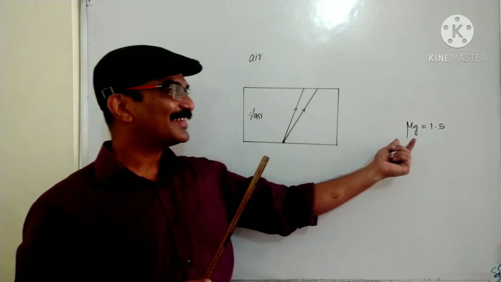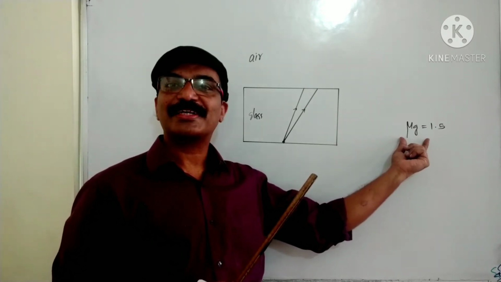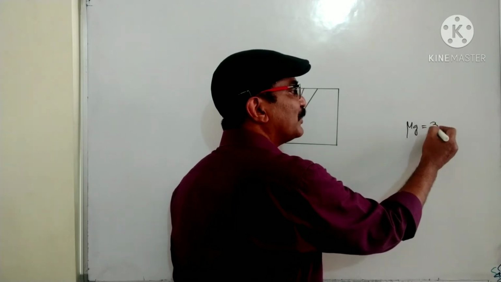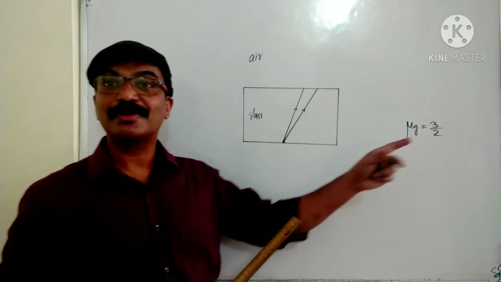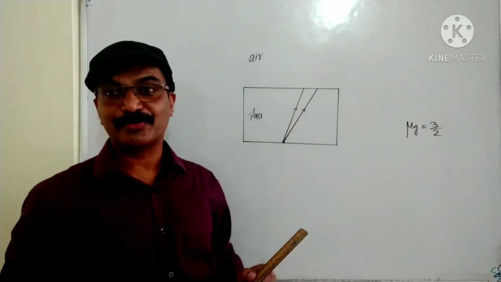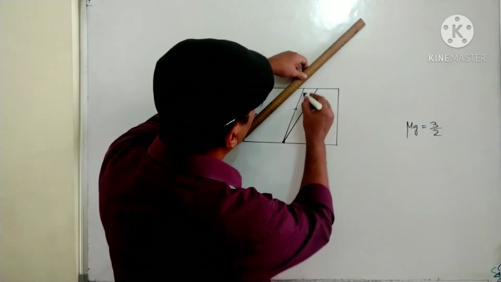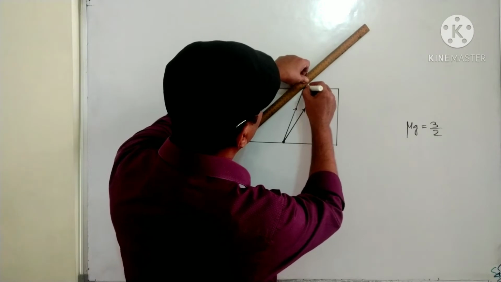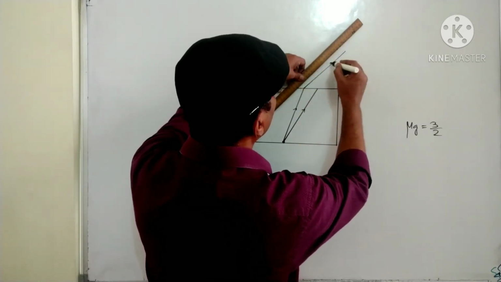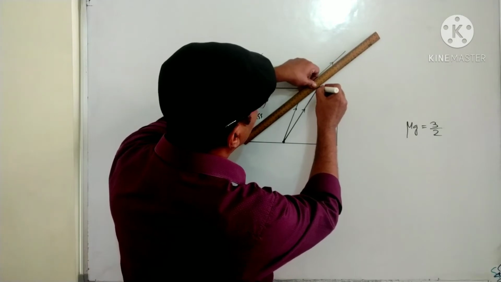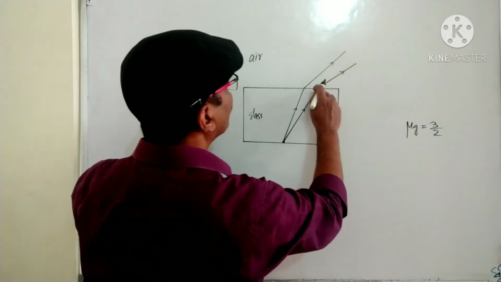Now you know that since refractive index of glass is 1.5 or 3/2, apparent depth will be 2/3 of the actual depth. Keeping in mind that apparent depth, I am drawing the diagram. See, I bend this ray like this, and this ray I bend like this.